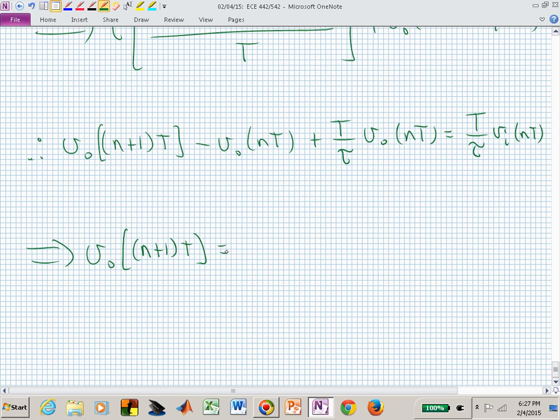If I solve that for the next sample of the output, then I have 1 minus capital T over tau v naught of nT plus capital T over tau v sub I of nT.